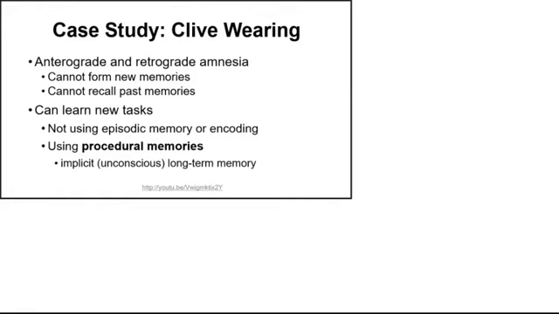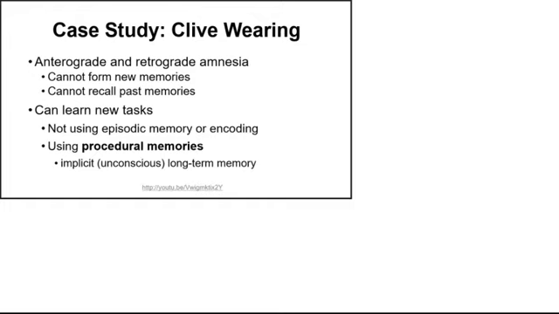And so if you remember the way that we had divided up our long-term memory, we said that we have episodic and semantic memory, episodic being the stuff that's happened to you, semantic being your factual knowledge, but we also had our procedural memory. And so it seems that procedural memory was not affected by this damage to the hippocampus.